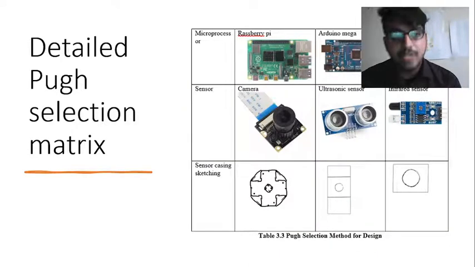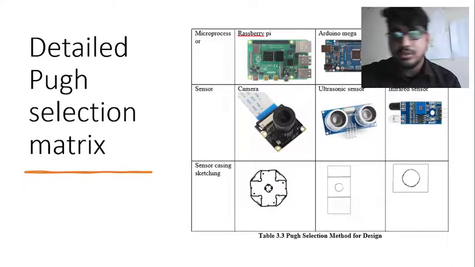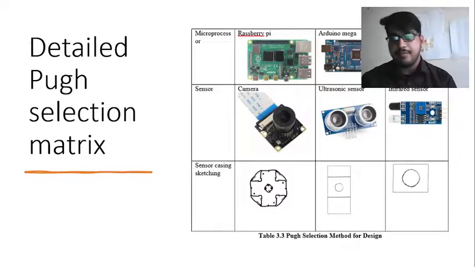So now let's see the detailed part selection matrix. As we can see, the part selection matrix is 6 by 6 designs. In the microprocessor section itself, there's Raspberry Pi, Arduino Mega, or both. And then we have cameras, ultrasonic sensors, and infrared sensors.